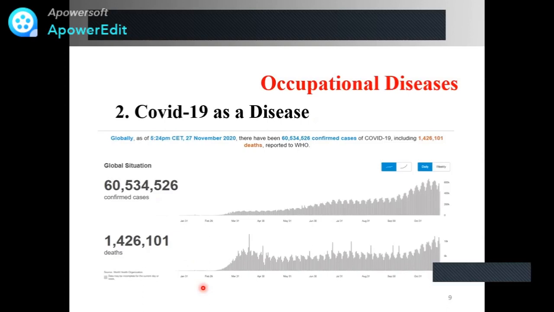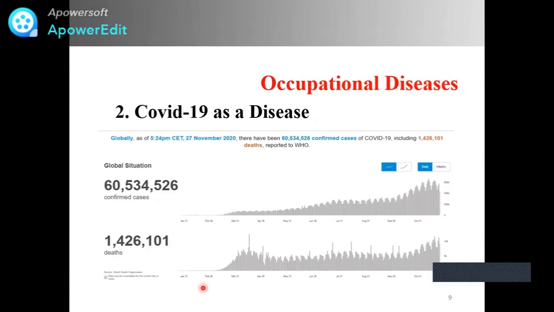A very familiar disease is COVID-19. Coronavirus disease, or COVID-19, is an infectious disease caused by a newly discovered coronavirus. Most people infected with the COVID-19 virus will experience mild to moderate respiratory illness and recover without requiring special treatment.